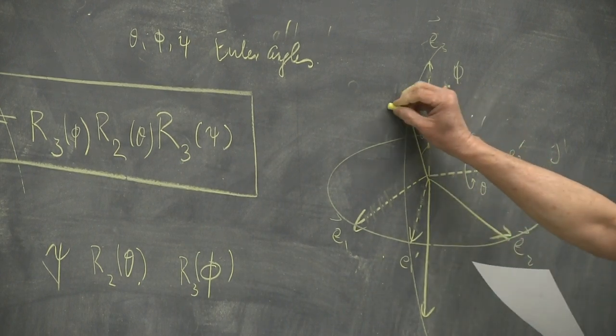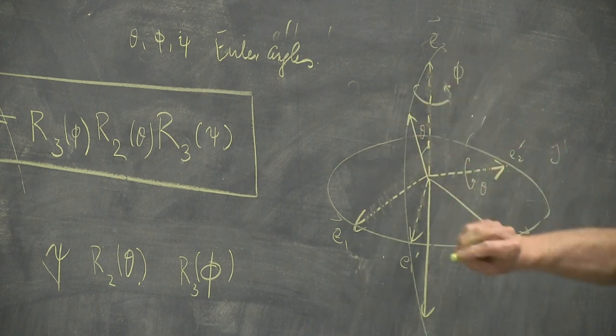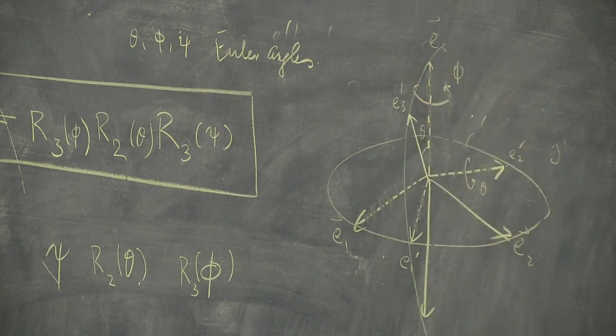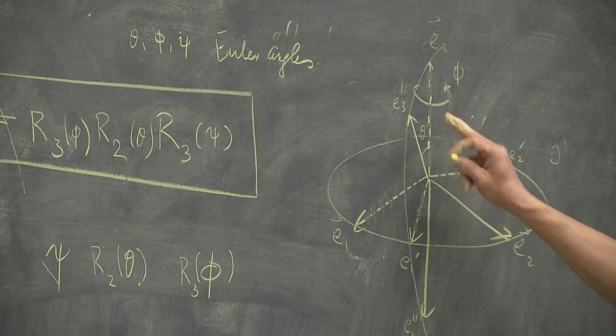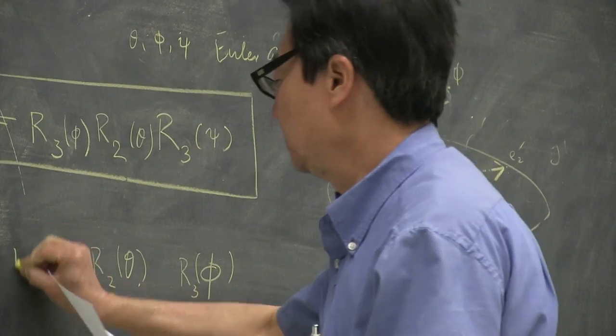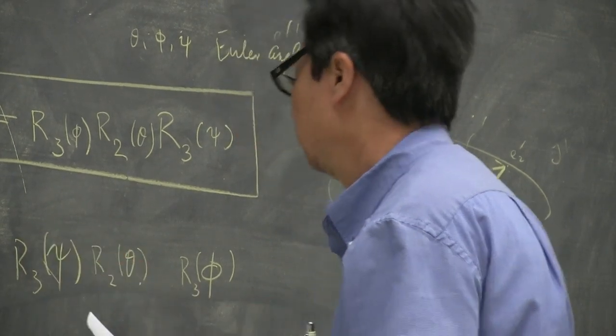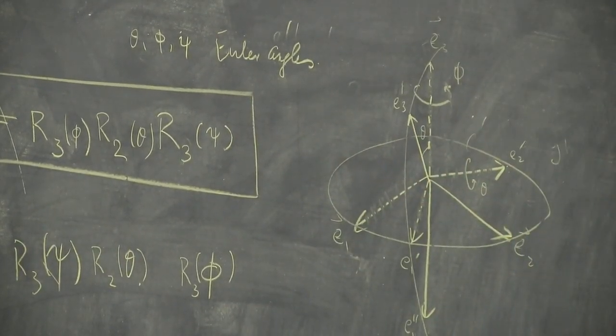So now this becomes the E3 prime. I call it E3 prime, and I call this E1. I have an E1 prime, so this one, let me call E1 double prime, okay? I now finally rotate about the third axis, which is this one. This is a new third one. So rotate about the third axis again by this angle phi. And so what does your new one look like?